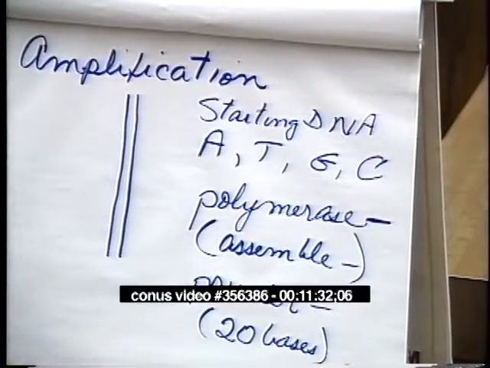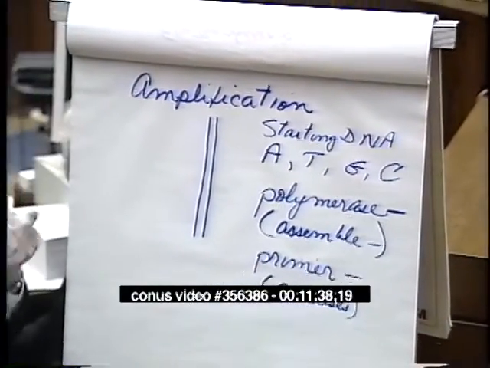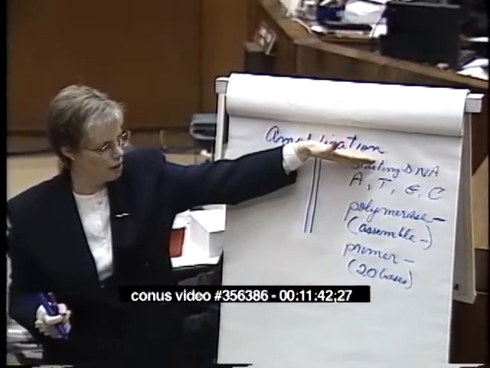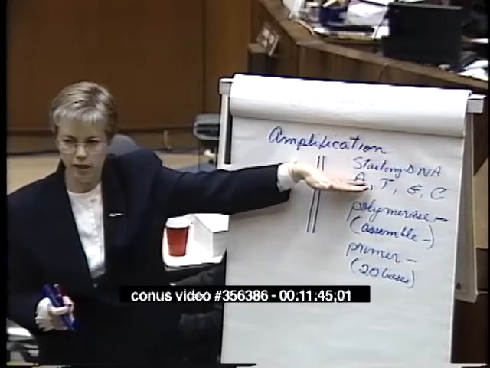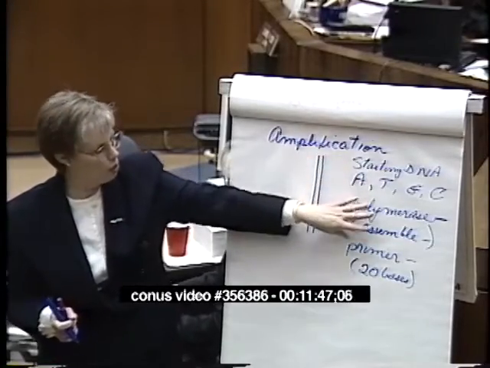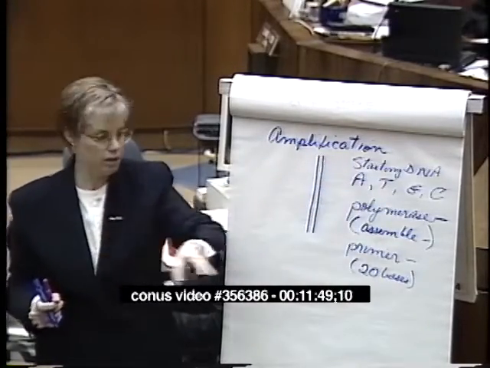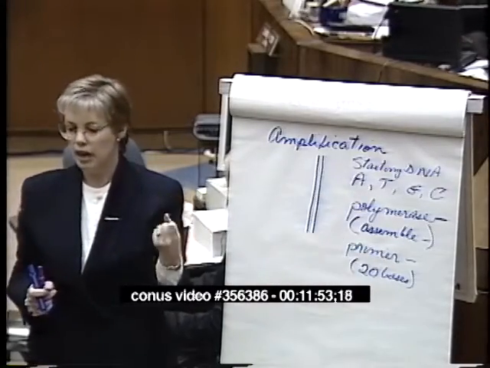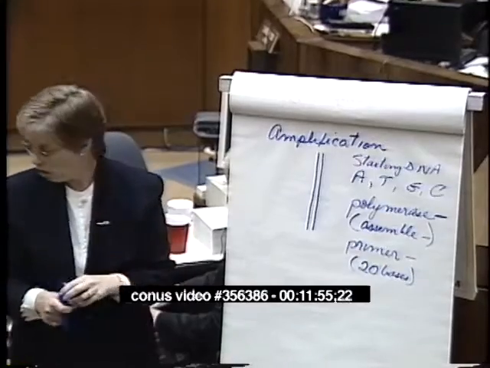It can be longer or shorter, but that's just an example. So that we now have the components to make more DNA. We need our starting material, we need the building blocks, we need something to put the building blocks together, which is the polymerase, and the primer serves as an anchor for that polymerase to hold on to.